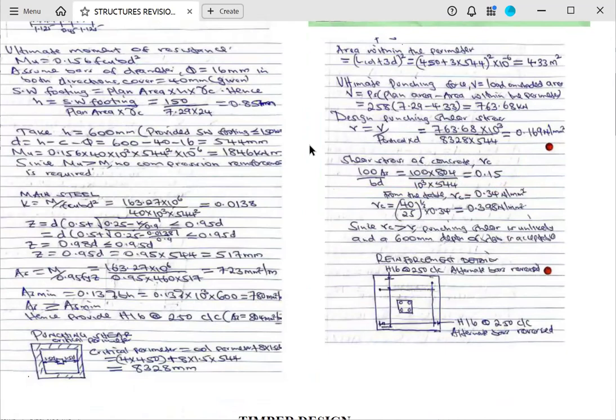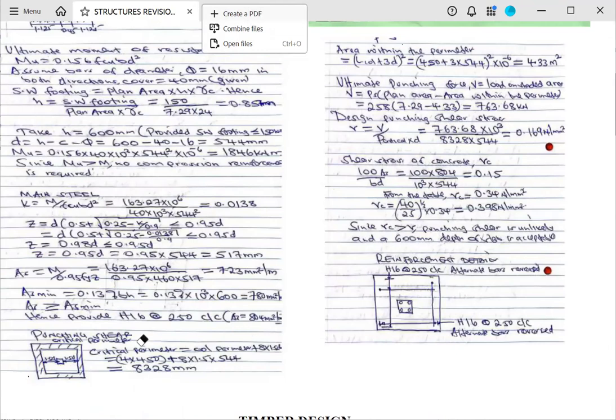Then we have punching shear. For punching shear, first of all, you have to calculate the critical perimeter. This is what we call the critical perimeter. So the critical perimeter is given by the perimeter of the column plus 8 times 1.5 effective depth.